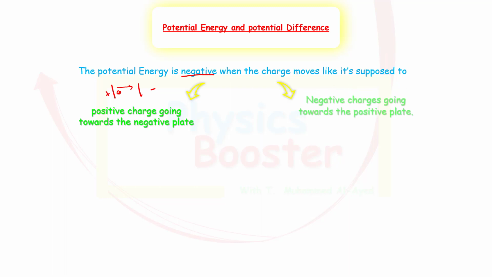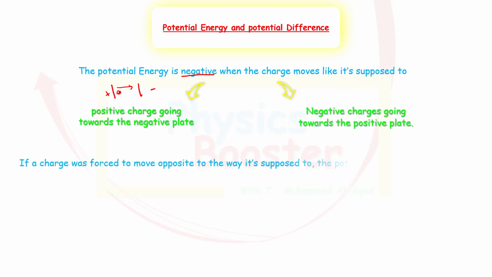That also goes for negative charges. If we have a negative charge between two plates, this is the positive plate and this is the negative plate, we know that the negative charge is going towards the positive plate. In this case, it will also have a negative sign. So there are two cases. Actually, just memorize it.